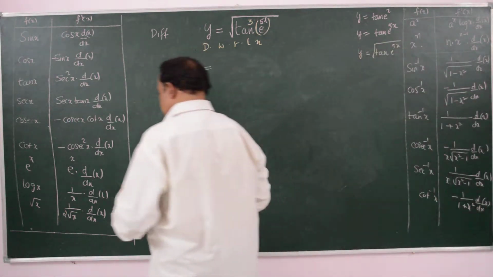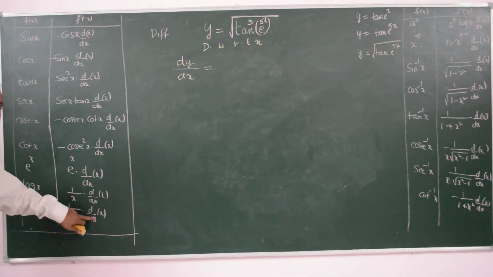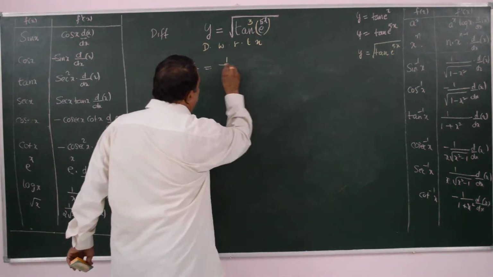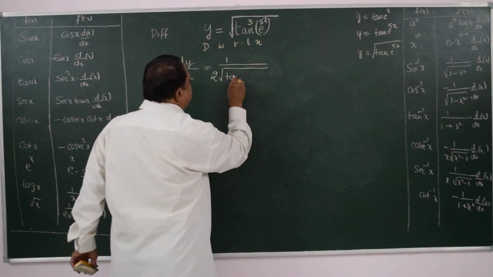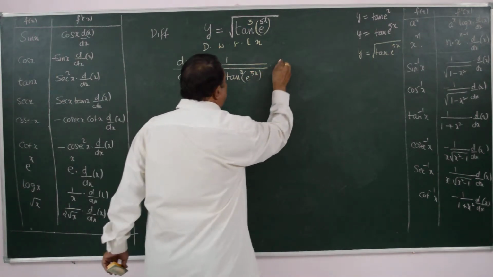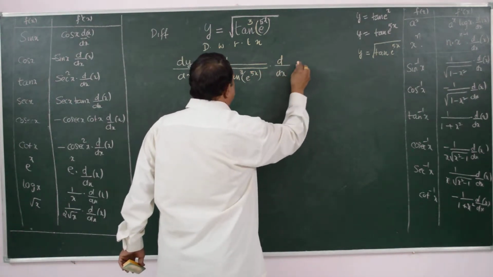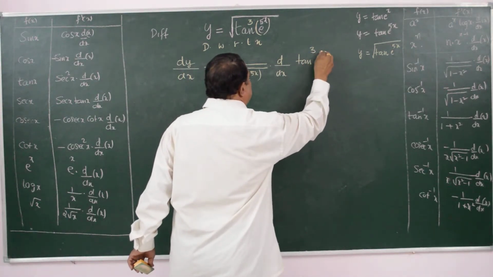So now looking to the answer, 1 by 2 root function into d by dx of function. So this should be 1 by 2 times root of whatever the function given. The function is tan cube e to the power of 5x, into d by dx of tan cube e to the power of 5x.